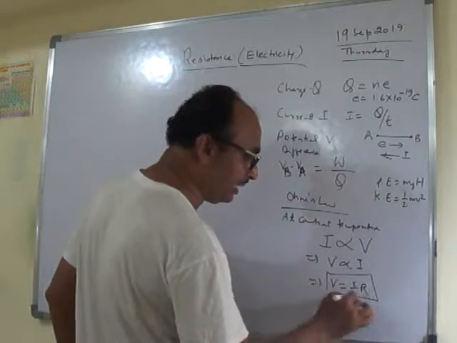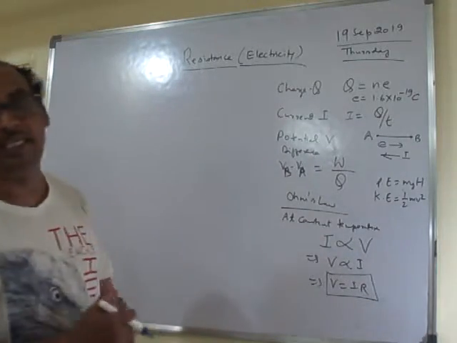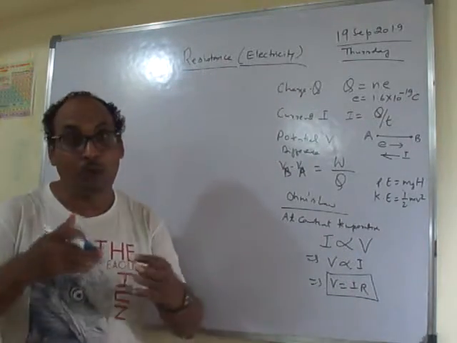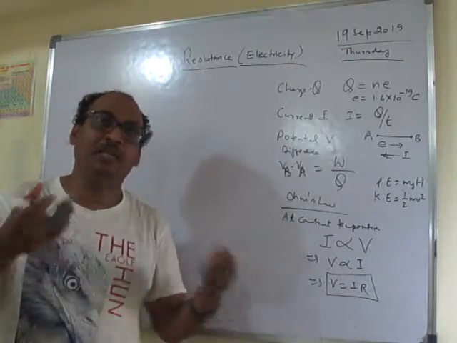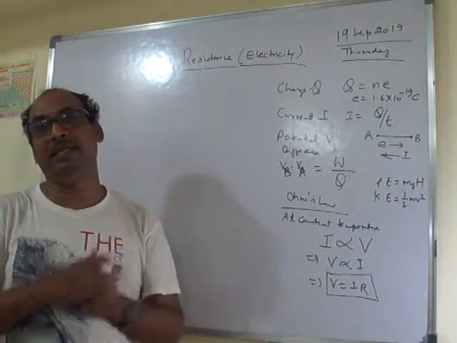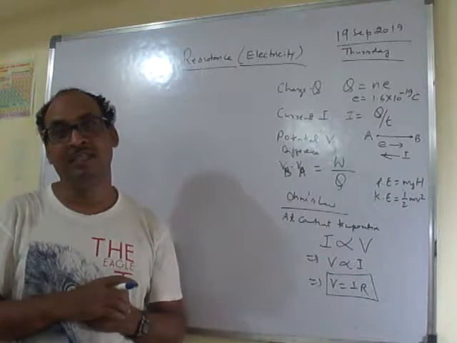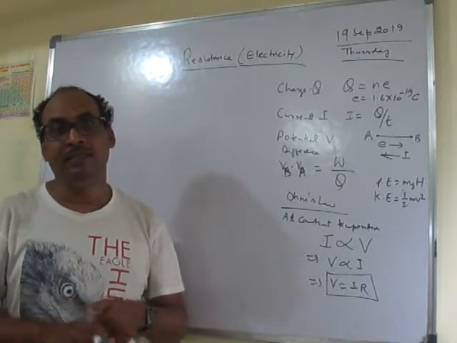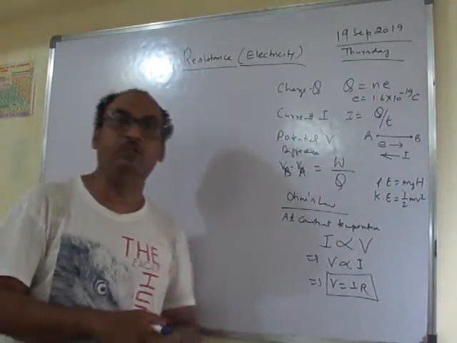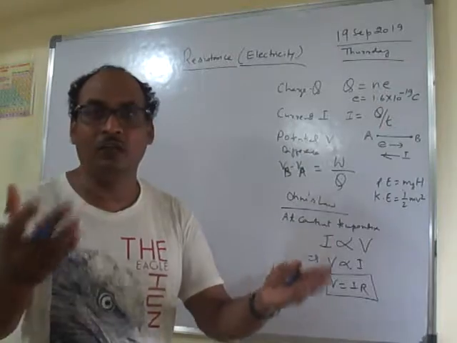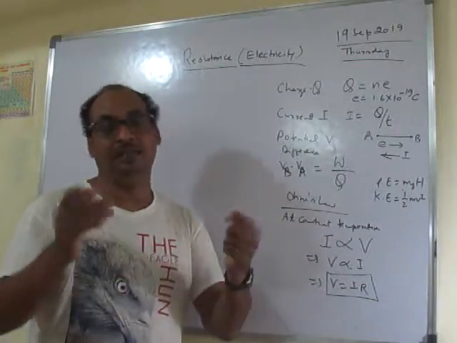Then what actually is resistance? Resistance is the property of a conductor. It is the nature of the conductor, due to which it opposes the flow of current. What is a conductor? A conductor allows electricity to flow easily.